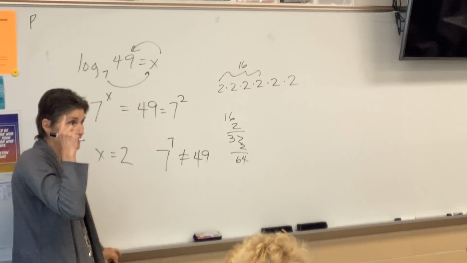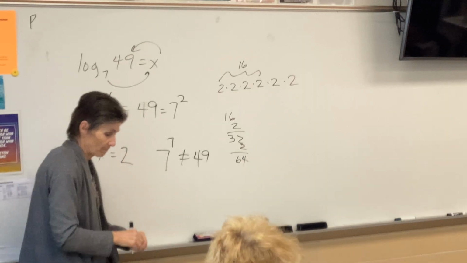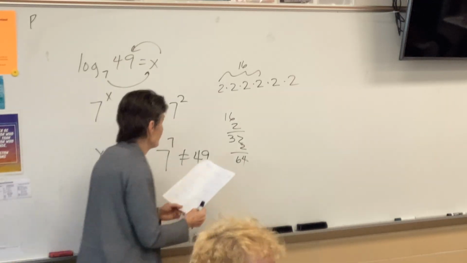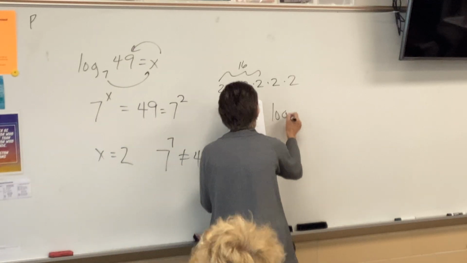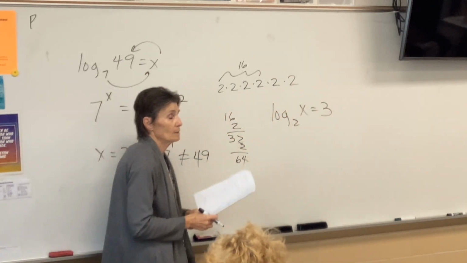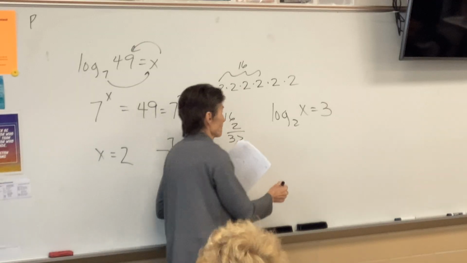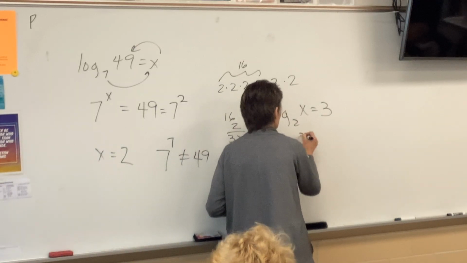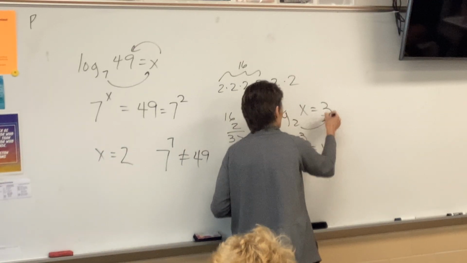Think, right? Don't just. Alright, how about the next one? Again, this could be on the quiz tomorrow. That could be a quiz question. What's it say? 2 to the third equals x.